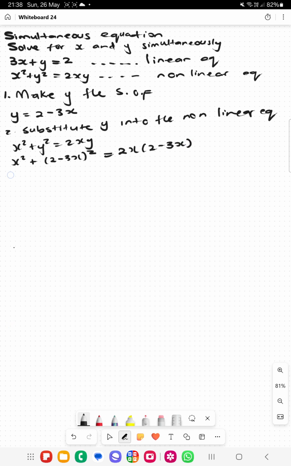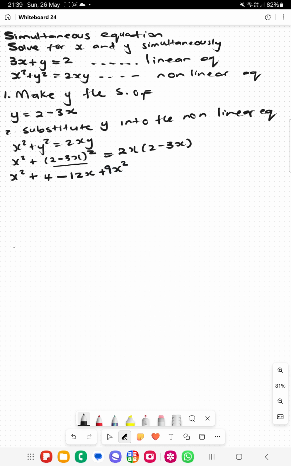Solving for that, x squared plus, here you can have your 2 brackets. There's an easier way of doing it. I'm going to get an answer of 4 minus 12x plus 9x squared.